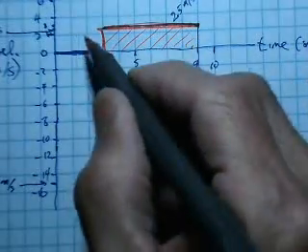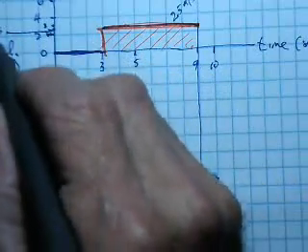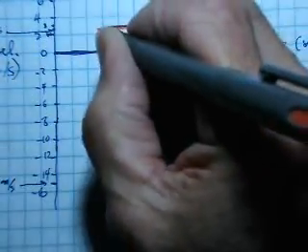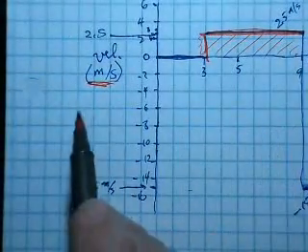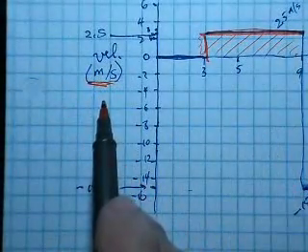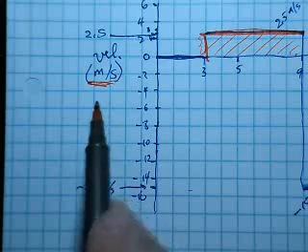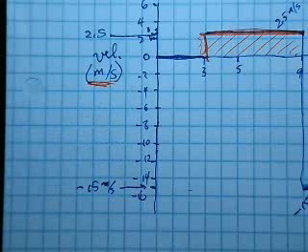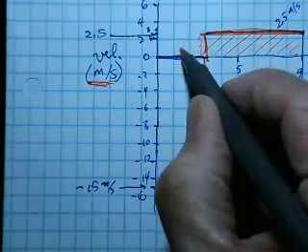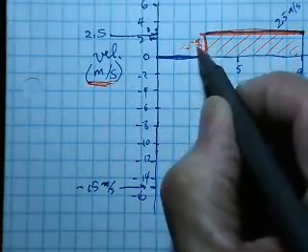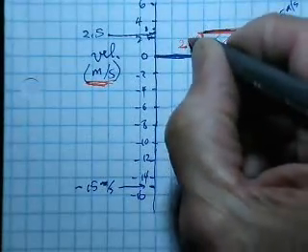And how high is that rectangle? 2.5. Look carefully. Yeah, and what are the units of the velocity? Meters per second. So it's 2.5 meters per second high.